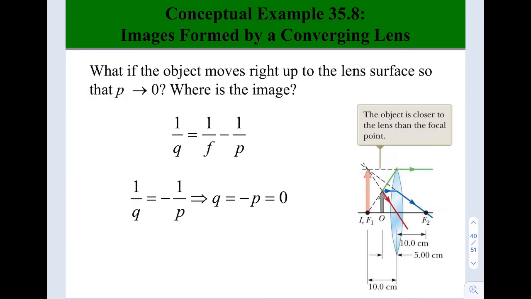Therefore, q is in front of the lens, because it has the opposite sign to p, right at the lens surface, as visualized here.